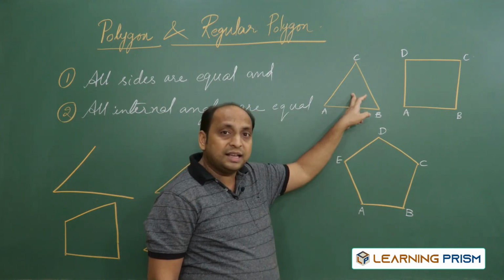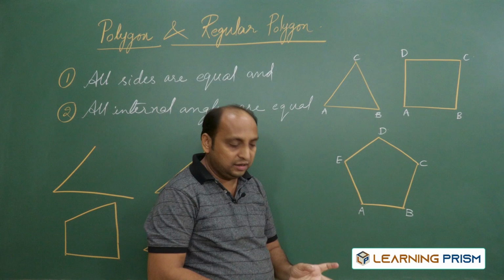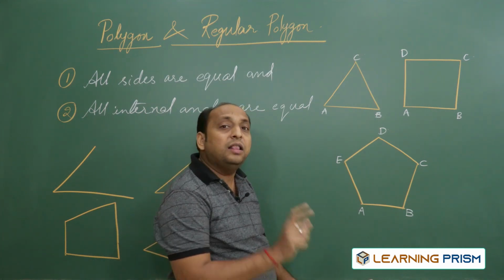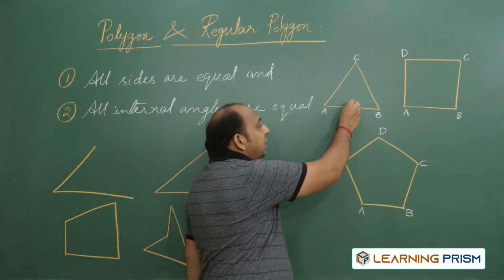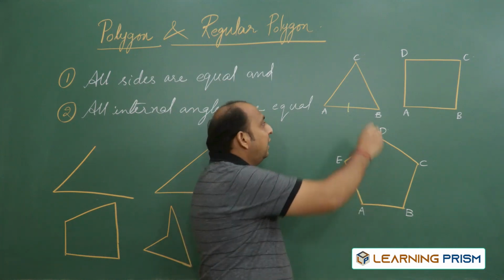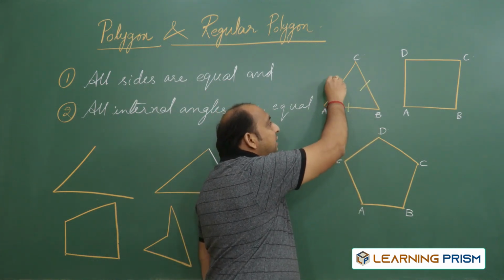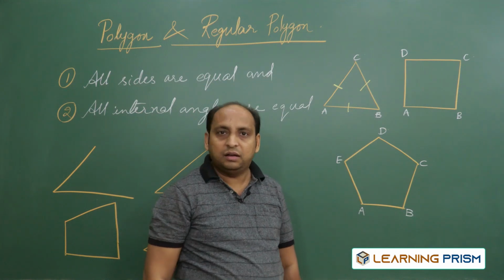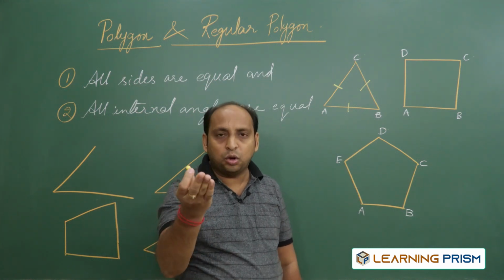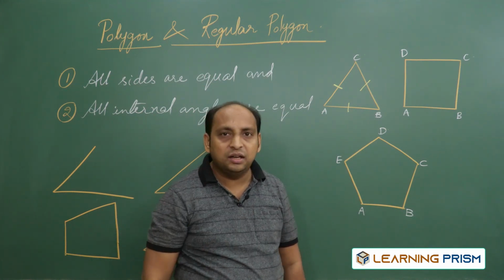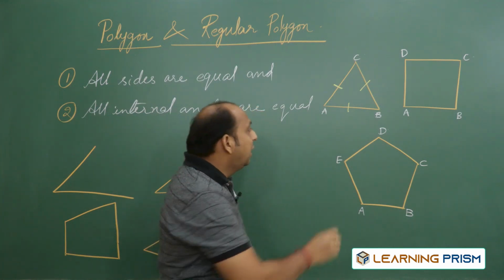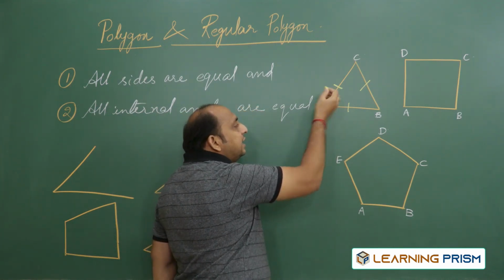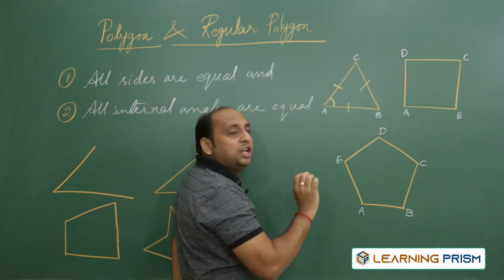What is this one? This is an equilateral triangle where all the three sides are equal. The length of side AB and the length of side BC and CA, all the three are equal to each other. Right? So in an equilateral triangle, all the sides should be equal to each other. And also all internal angles should be equal to each other.